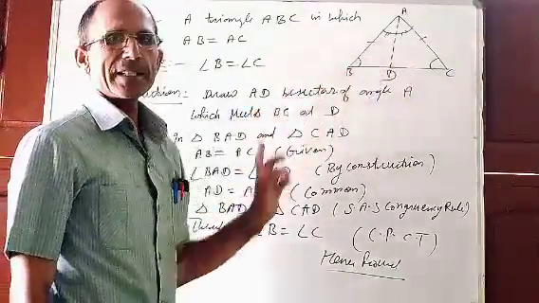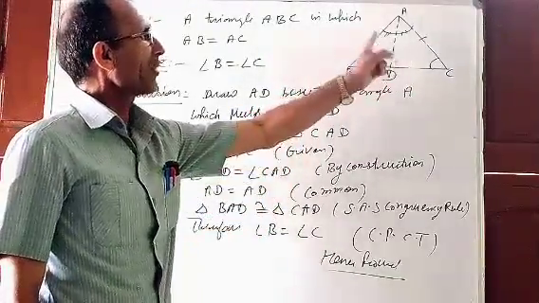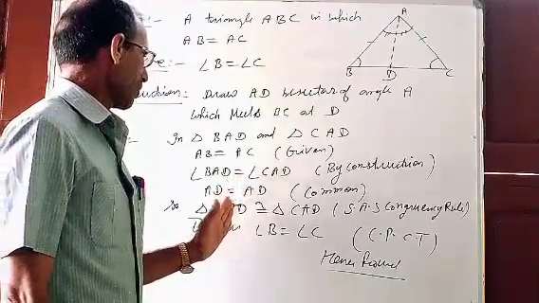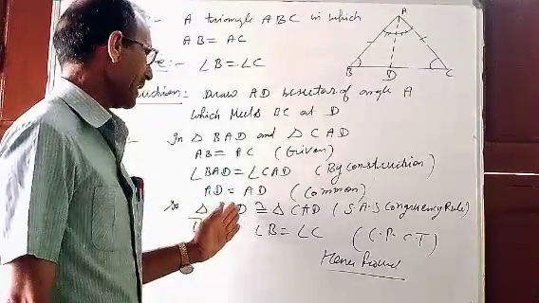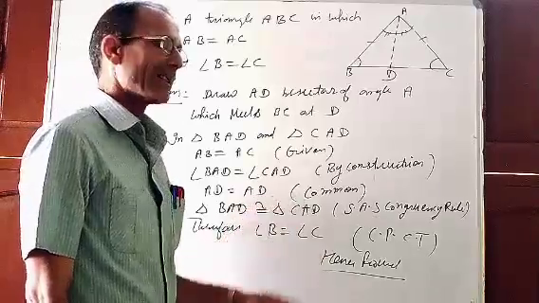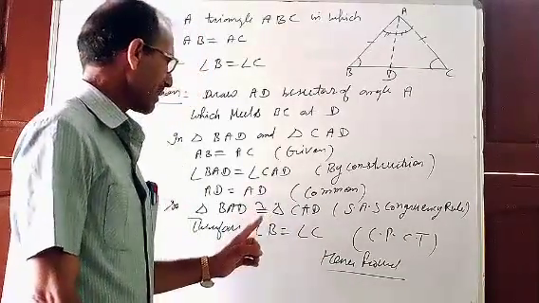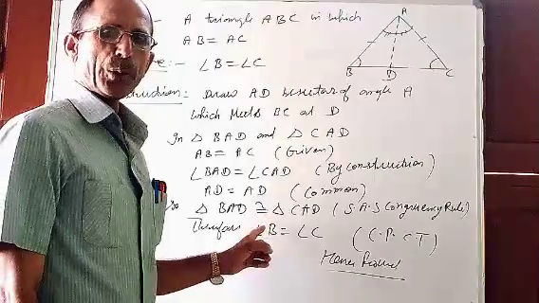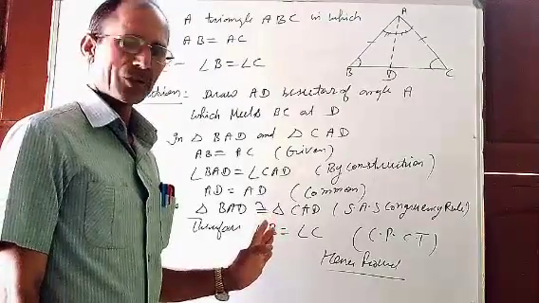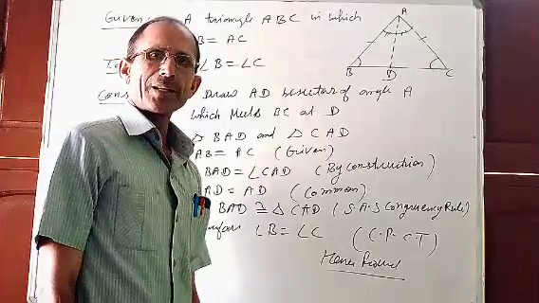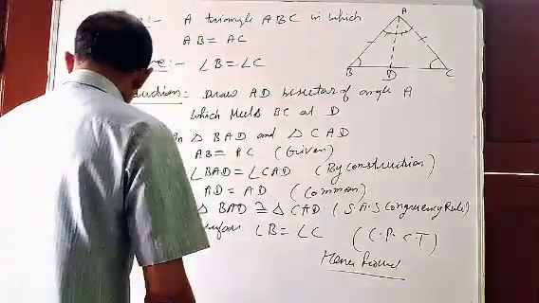AB is equal to AC, given. Angle BAD is equal to angle CAD by construction, and AD is equal to AD, common. Therefore triangle BAD is congruent to triangle CAD by the side angle side congruency rule. Because the triangles are congruent, their corresponding parts will be equal. So angle B is equal to angle C. Hence proved. Understood? Okay. Now next.